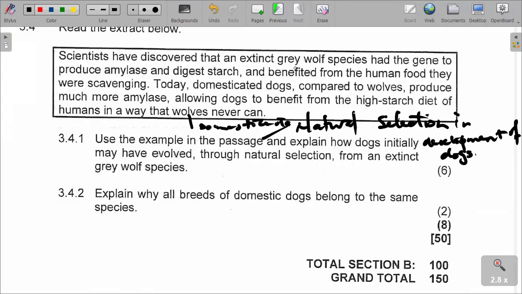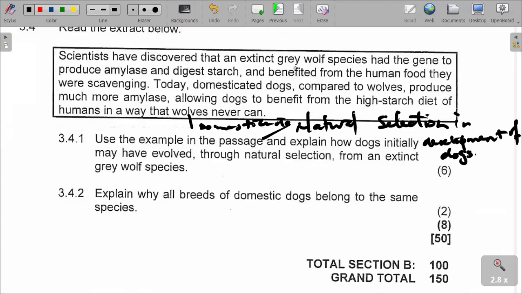There was that type of gray wolf population that also scavenged human camp waste rich in starch foods, and then mutants carrying extra amylase gene copies digested starch efficiently. So there is a concept of digestion of the starch. Other wolves could not digest and others digested.